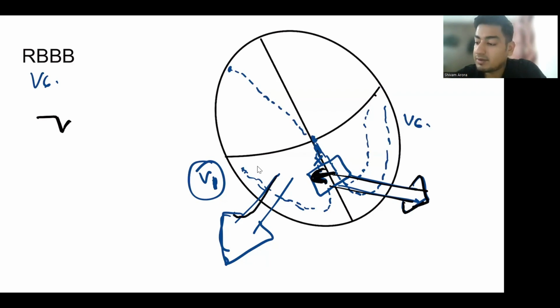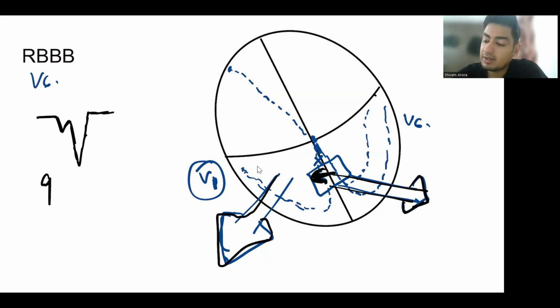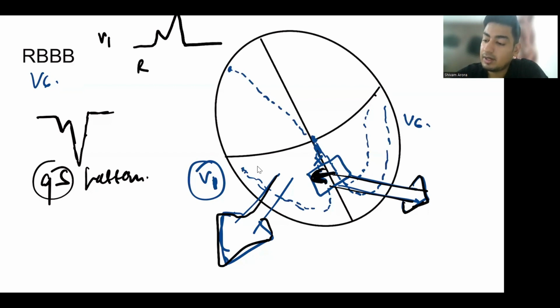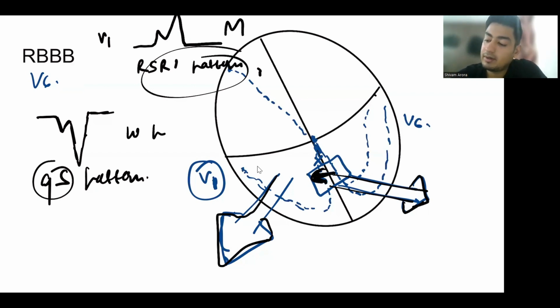And the third wave is a negative wave because of RV depolarization. So we'll have this QRS pattern in lead V6, and in lead V1, as we have already discussed, the RSR dash pattern. This is also remembered as M pattern and W pattern.